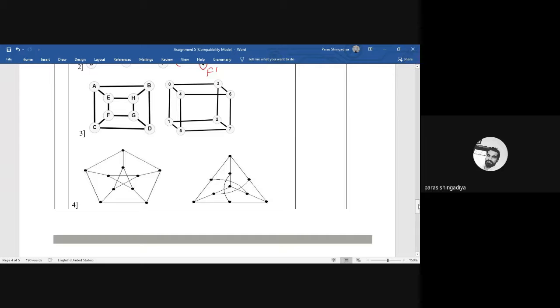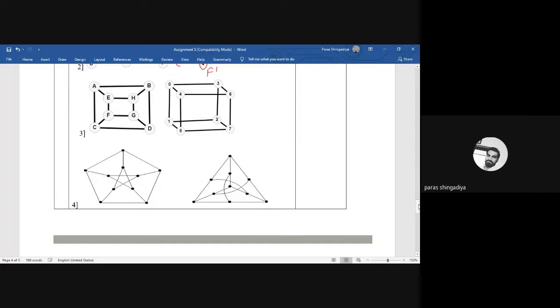Yes, have you done it? Second graph. Yes, what is the answer of the second graph?